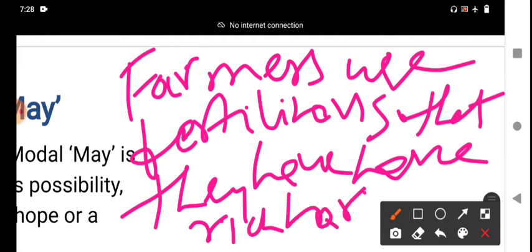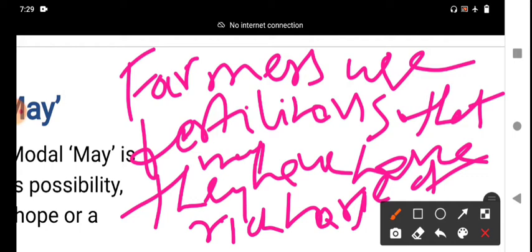Harvest means production. Farmers use fertilizers so that they have a rich harvest, a rich production. They may have rich production. May is used to express the purpose.